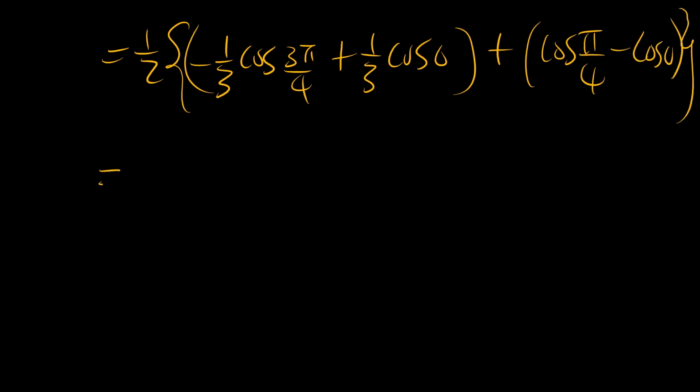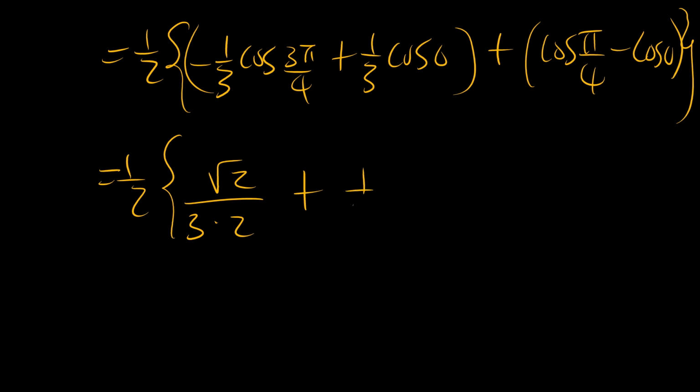So which is a half. Cosine 3 pi over 4 is negative root 2 over 2. So we have negative and negative, we have a positive. So root 2 over 3 times 2, plus cosine 0 is 1, so a third.